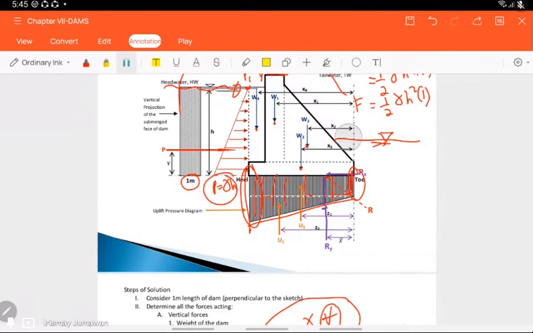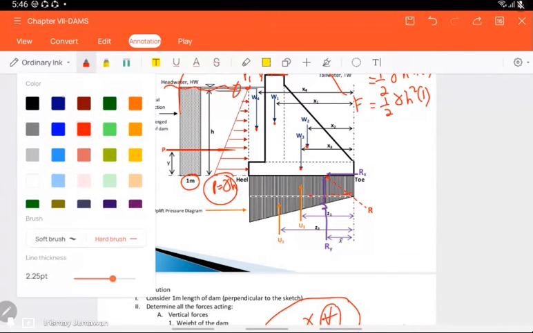Even if there is none, if the problem states that you have to assume full hydrostatic force at the upstream side and full hydrostatic force at the downstream side, the distribution of the uplift also looks like this, in trapezoidal form.